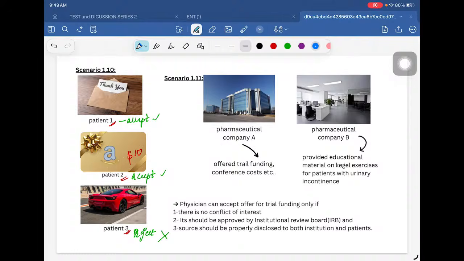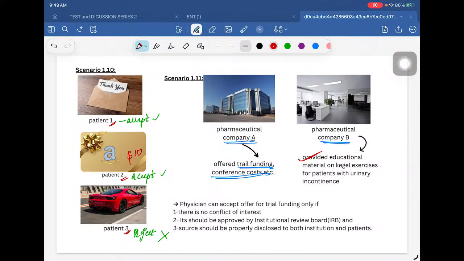Now comes the next scenario wherein there are two pharmaceutical companies, A and B. Pharmaceutical company A offered trial funding for a clinical trial for some sort of drug or procedure, and also conference costs. Pharmaceutical company B offered to provide educational material on Kegel exercises for patients with urinary incontinence.